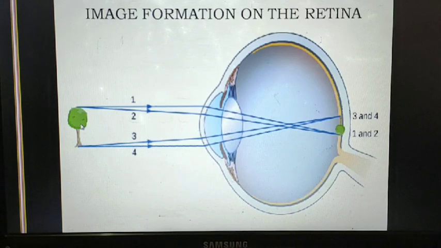The rods and cones are stimulated and messages are conveyed to the visual areas of the cerebral cortex through the optic nerve and then interpreted by the brain cells, which invert the image and form an impression of an upright image.